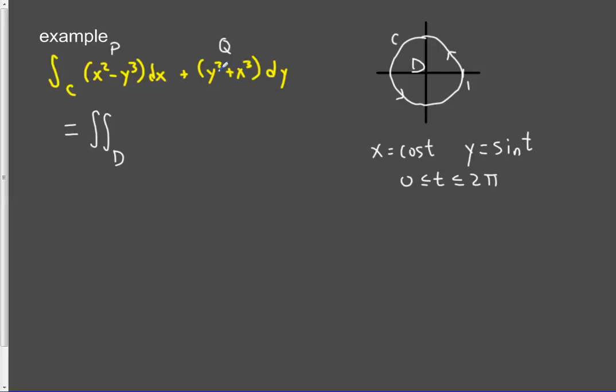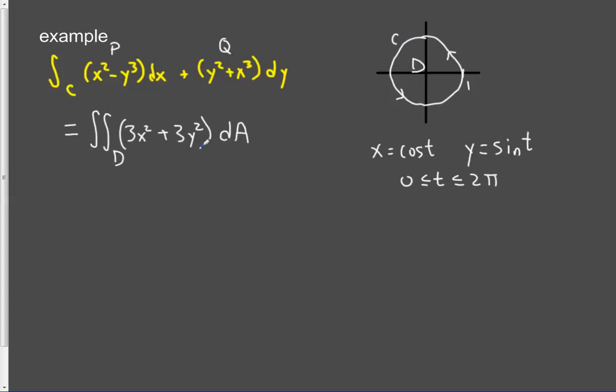Now, notice how this gets simpler. The y squared goes away when you take the derivative with respect to x, and we'll get 3x squared. Minus, and then it's dP/dy. So then the x squared goes away, and it'll be minus 3y squared. So minus a minus 3y squared. And then we integrate this dA over this circle. Okay, so far so good.